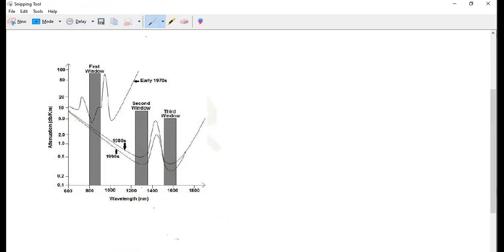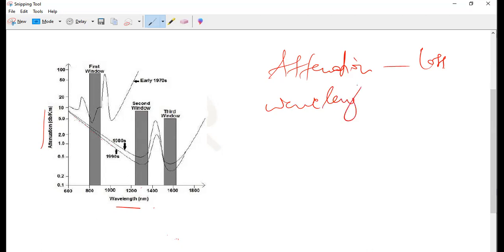What does it show us? It shows us the relationship between wavelength and attenuation. Attenuation is loss. If attenuation is high, it means our loss is high. So we have a relationship between wavelength and loss.